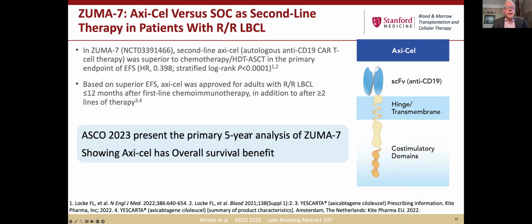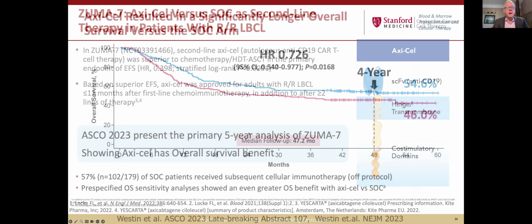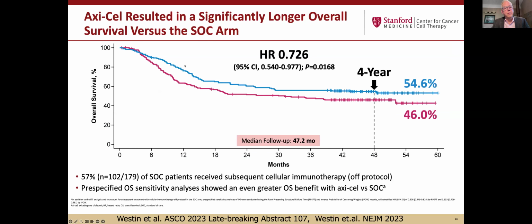And so this, again, is the work of the ZUMA-7 investigators with 5 years of mature follow-up, overall survival on this graph showing that at median follow-up of 47.2 months, 54.6% of the patients are alive who received the axi-cel versus 46% who had the randomization to standard of care with intent to go to auto transplant. And again, 57% of those patients received CAR T off the trial in an attempt to salvage the patients who needed to manage their cancer.